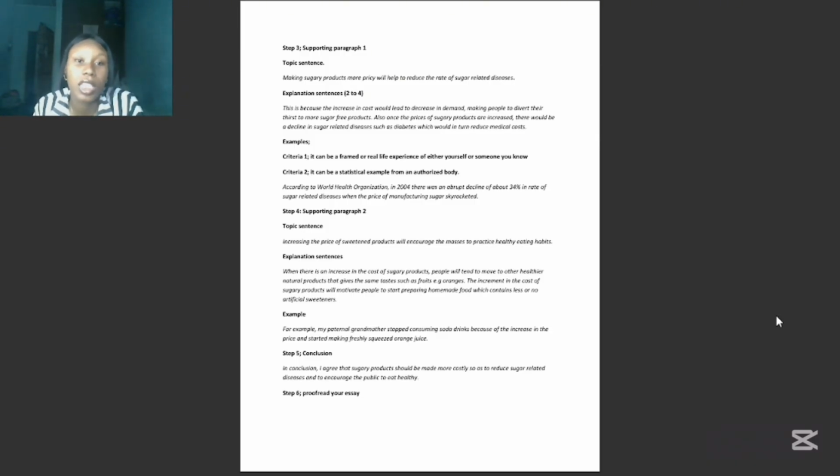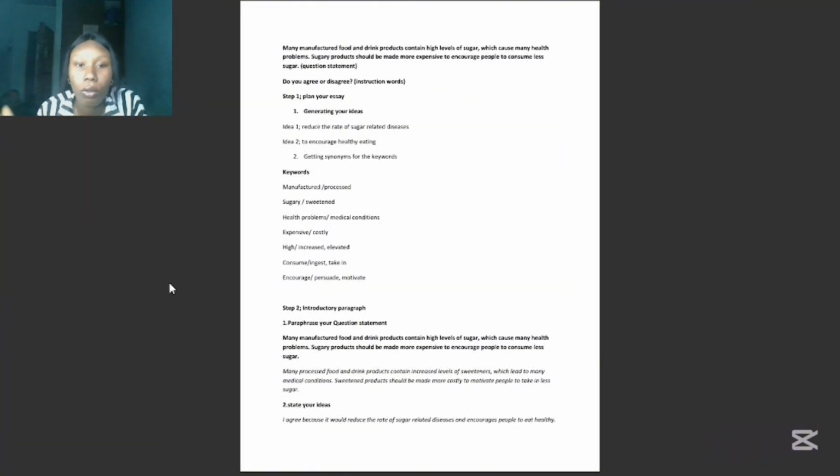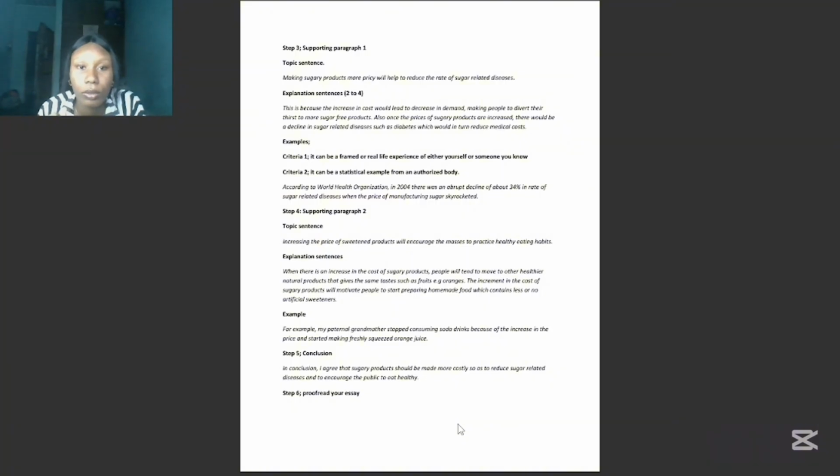Now move on to your next paragraph. You remember that in your first paragraph you stated two ideas, one and two. So for your supporting paragraph, you're going to focus on idea one. You're going to write a topic sentence for that idea one. Now you say, I want to list my idea one, I just want to throw it at the beginning of the sentence.